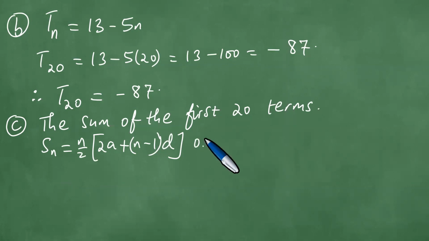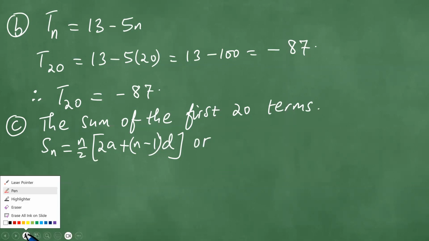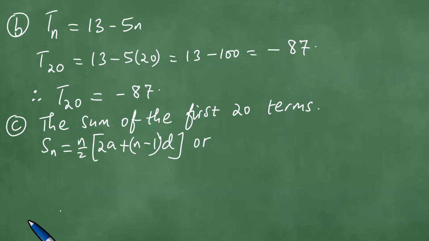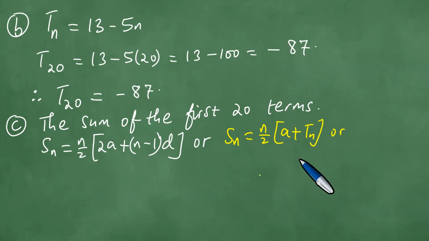If you don't want to write this formula like this, there's another one that we use in the syllabus, which is Sn equals n over 2 into a plus t sub n. If you don't want to use this one, you can use Sn equals n over 2 into a plus what we call the last term.